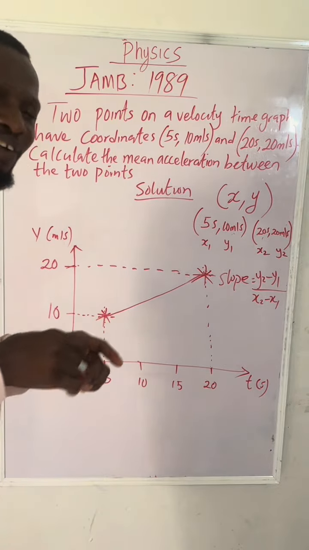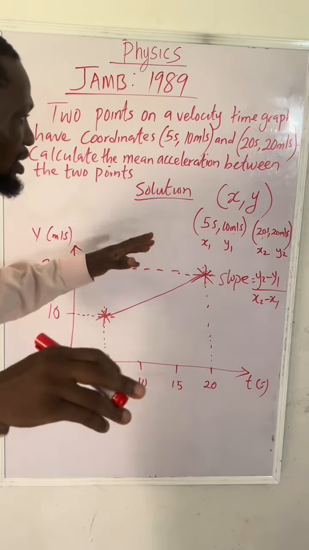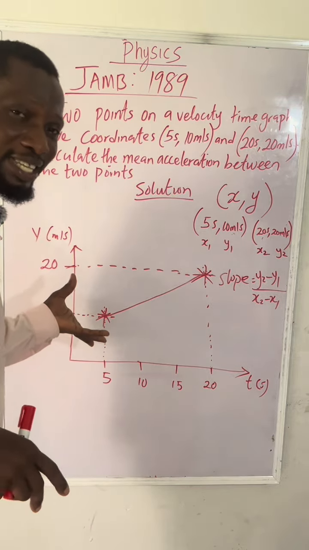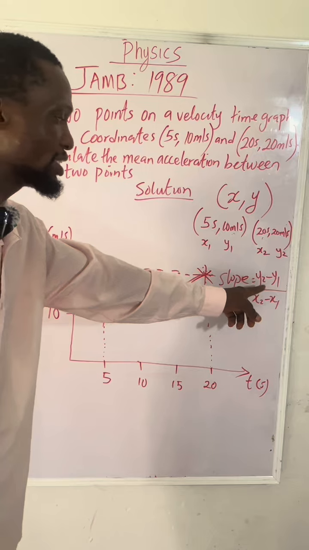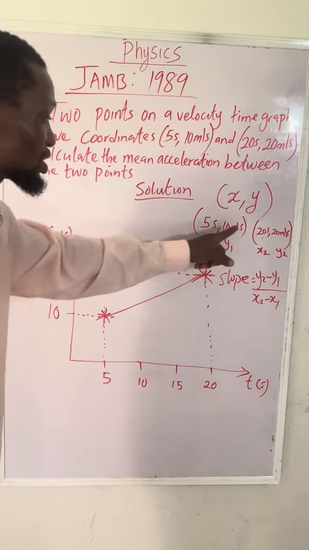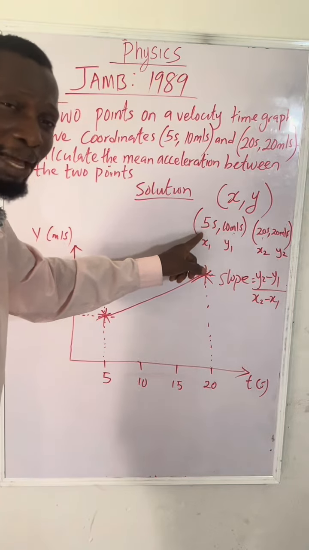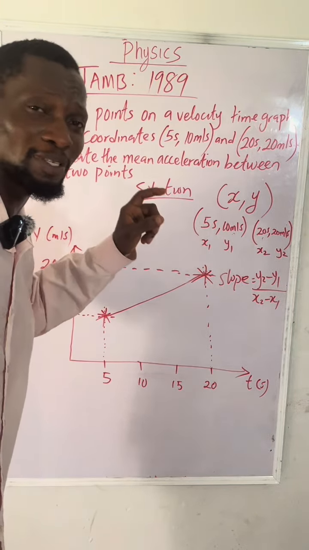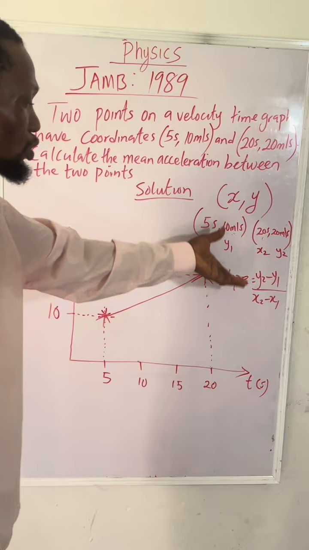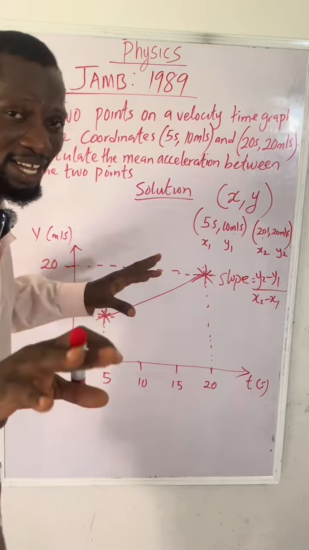So in fact, if you know that the slope of the velocity time graph is y2 minus y1 over x2 minus x1, and you know that the vertical axis is the velocity, which will represent your y, and the time will represent your what? The time is going to represent your x. So since this is a JAMB question, you don't just need to be drawing all of this again. You just apply this and then you're going to get your answer.